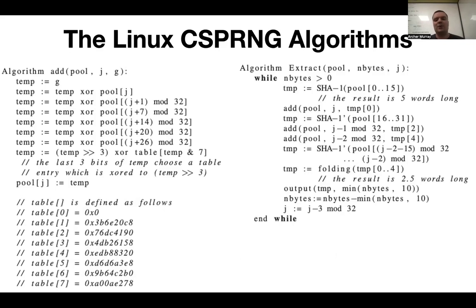And then on the right, we can see the algorithm that Linux uses to extract bits from the pool. So you can see how it uses some variants of SHA-1 to get 160 bits from the pool and transform them. And then those 160 bits get folded, XORed in various ways to produce 80 bits of output.